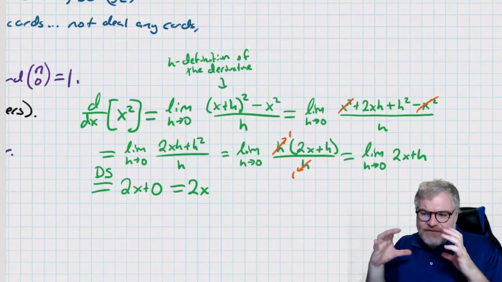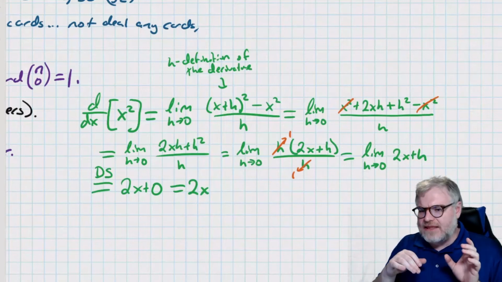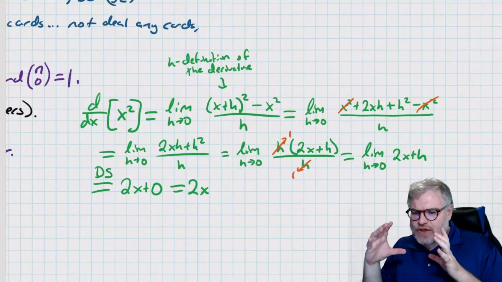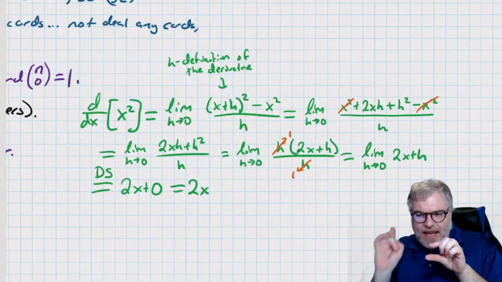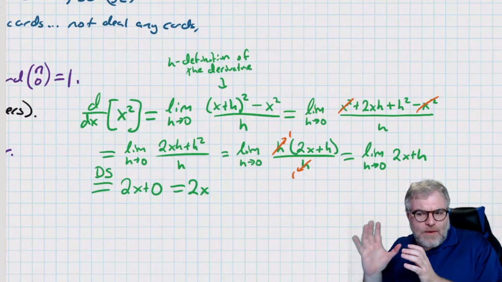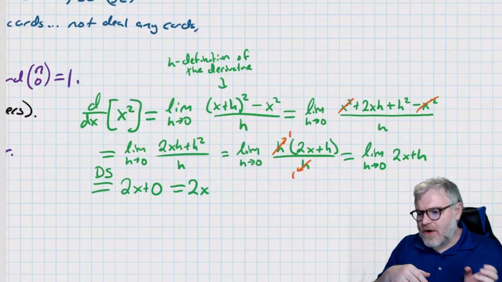Everything that was left had an h term in it. So I factored out the h, canceled it with the bottom to get 1, and I was left with one term with an x in it and no h, and all the rest of the terms had an h in them. When I went to 0, I got 2x.